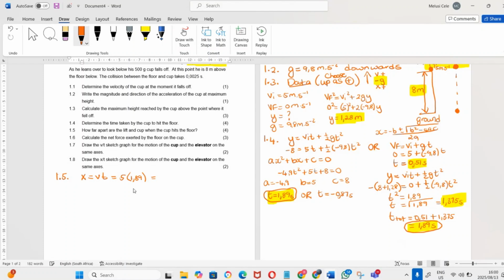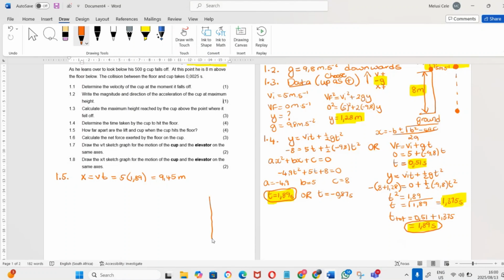And so in that time the cup falls, the lift covers 9.45 meters.